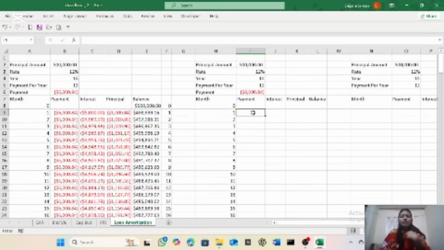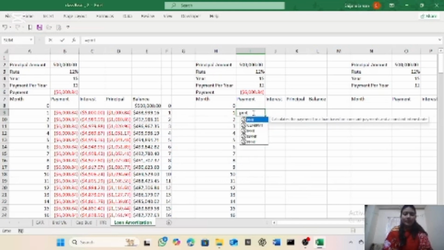Now we have to make the payment. Here, given the principal amount, rate, year, payment per year. So for the payment formula we have to press equal PMT, means payment, rate.